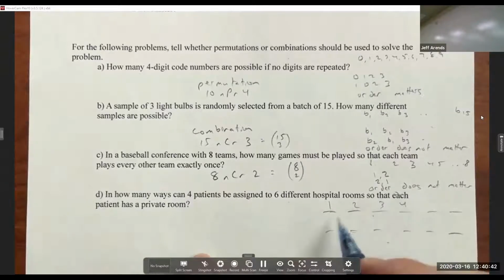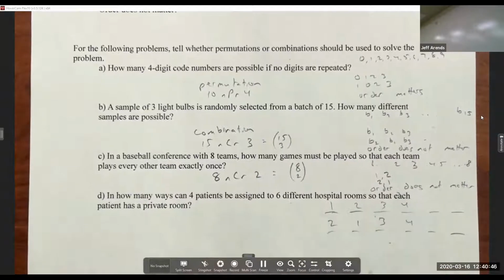Would we count this as a separate assignment of rooms? We're still using the first 4 rooms, so the specific rooms being used are the same. But here we're assigning patient 1 to room 1, patient 2 to room 2, patient 3 to room 3, patient 4 to room 4, versus here I'm assigning patient 2 to room 1, and so on.